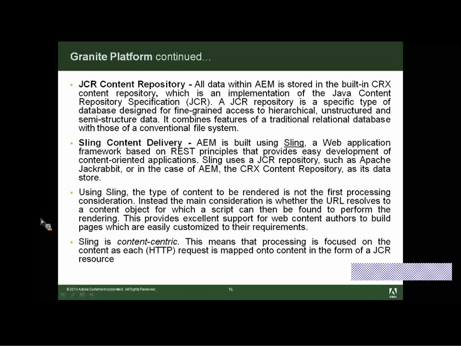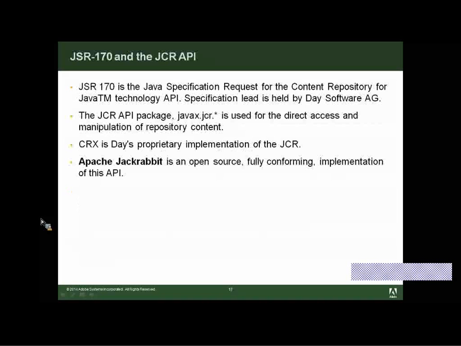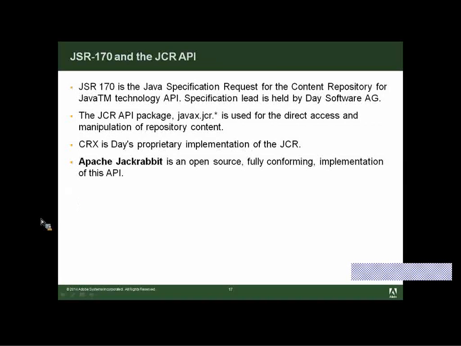The JSR 170 standard, the Java specification request for content repository, defines how the content is fetched and how it is stored or manipulated. There are many APIs or packages added as part of the installation. One of the root packages, known as javax.jcr, has a lot of classes which allow you to directly manipulate and access the repository content.